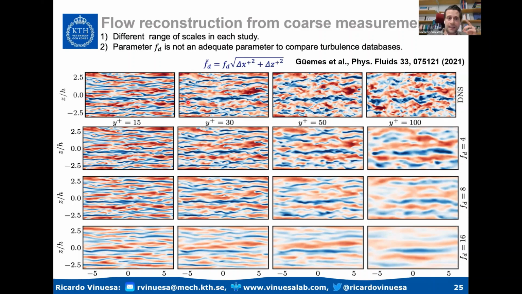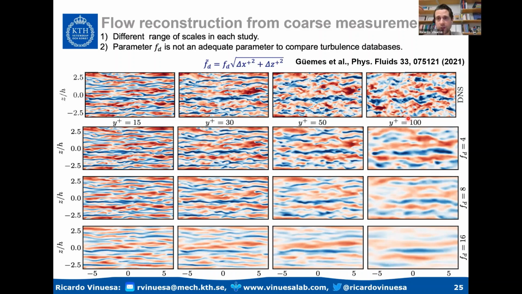Now, clearly the easiest prediction to make is this one, when I am close to the wall and downsampling is small, and I can get a very, very good prediction. But the most challenging prediction is going to be this panel over here, the one on the bottom right, which I want to compare with the one on the top right. And even in that case, of course, I see a significant attenuation of the fluctuations.